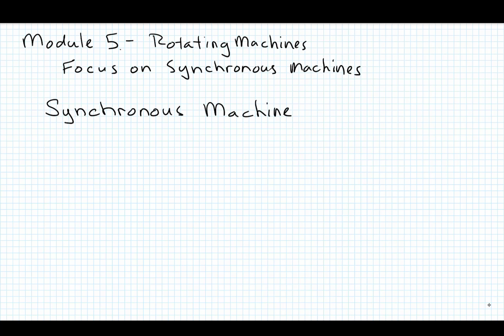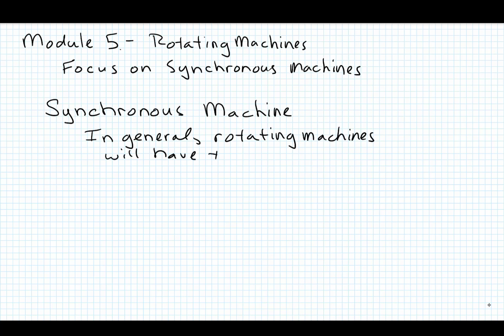Now, as we had spoken about in the prior module, lectures on Chapter 3, in general, rotating machines will have two effective windings, and we will explain what I mean by that as we proceed.